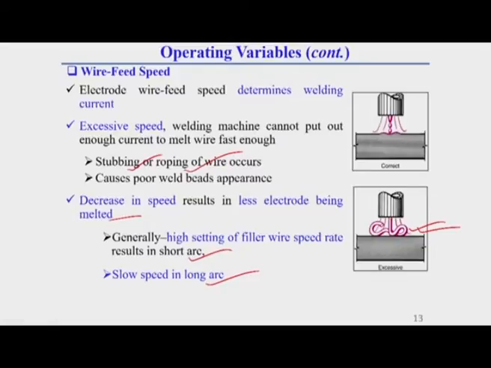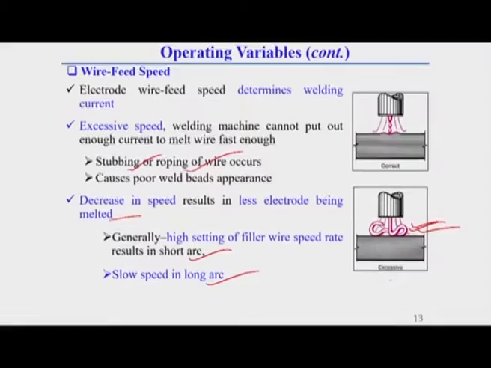If the speed of the filler wire is high, more filler wire will be there, so there will be a shorter arc. And this stabbing or roping of wire can occur if the wire feed rate exceeds the power source capabilities.